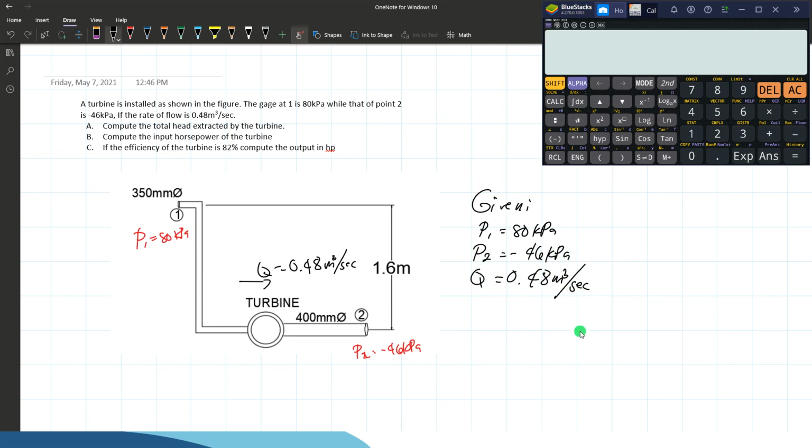Now, let's compute the velocities at point 1 and point 2 since we already have a discharge.